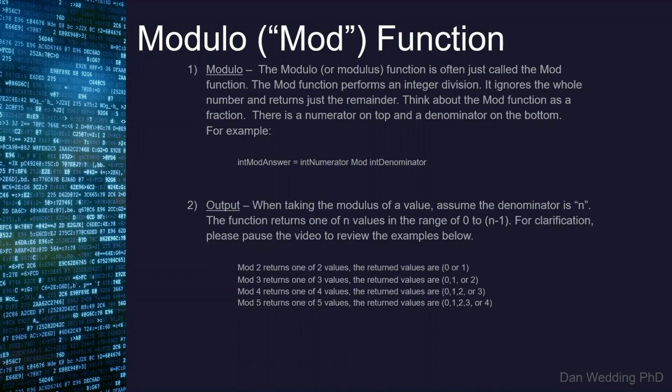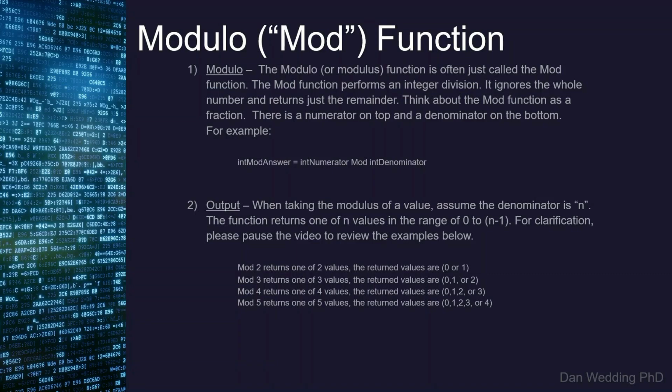The modulo or modulus function is often called the mod function. The mod function performs an integer division. It ignores the whole number and returns just the remainder. Think of the mod function as a fraction. There is a numerator on the top and a denominator on the bottom.